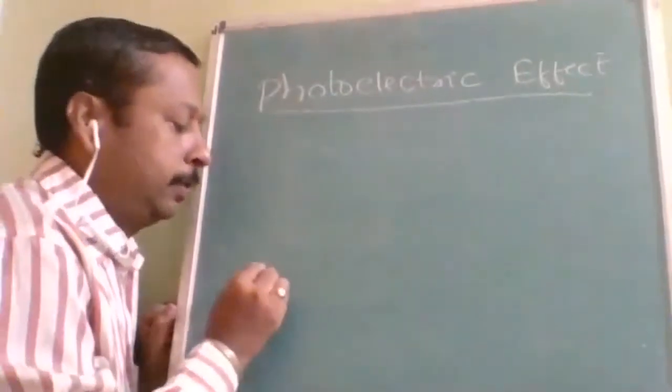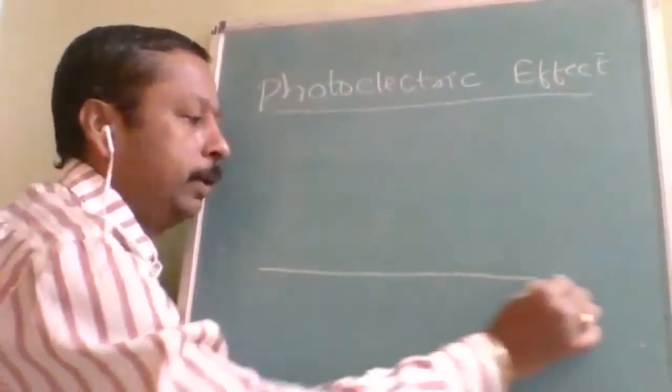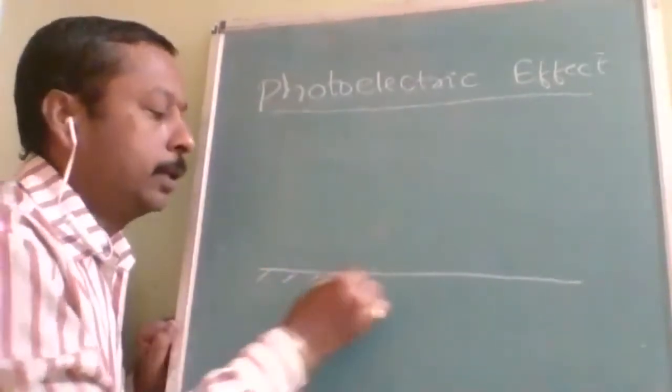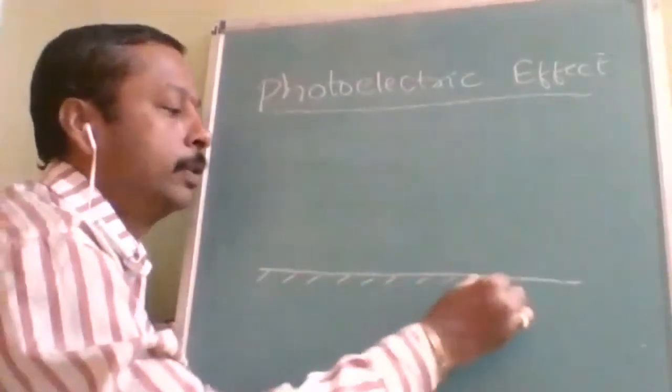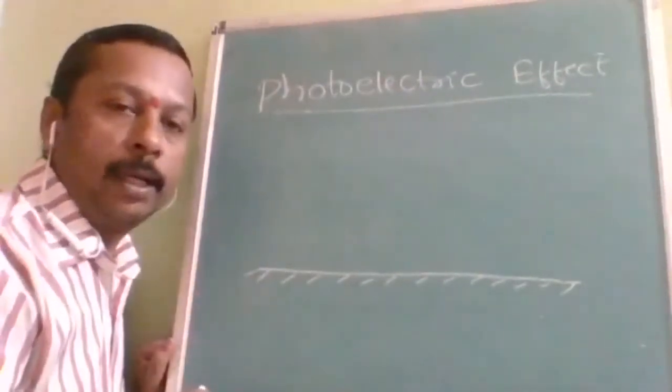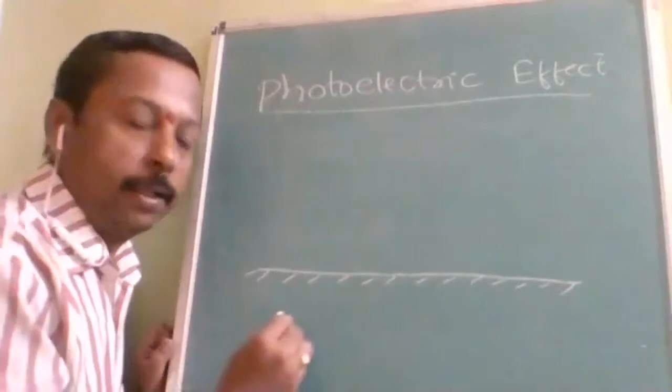In this method, we will take a metal surface. The metal we select must have the lowest electron ionization enthalpy.